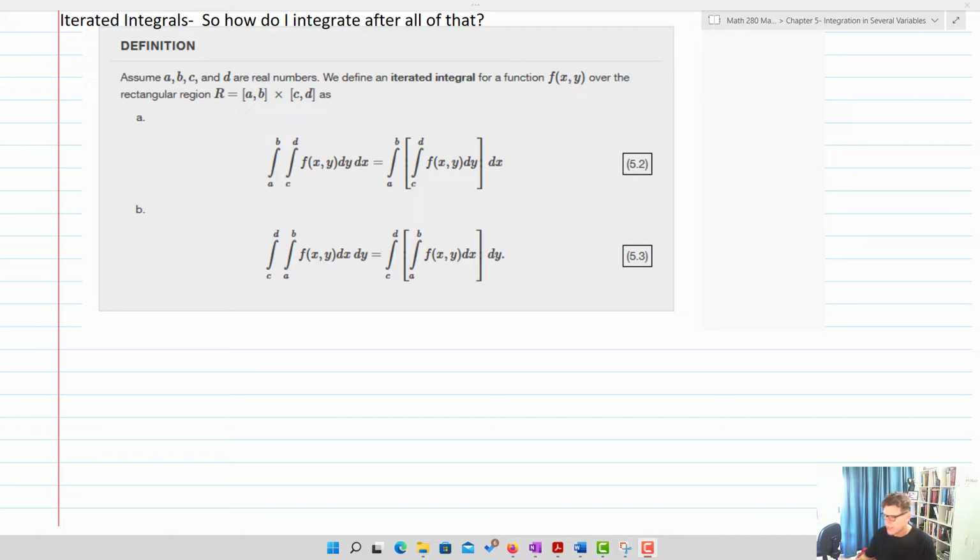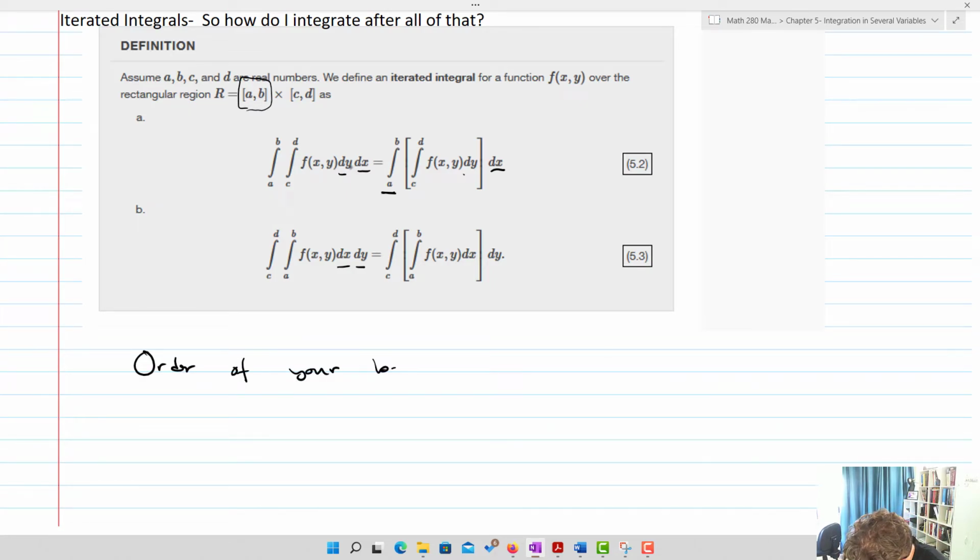What you'll notice is that we can either do it in the form dy dx, or in the form dx dy. And you'll notice that a to b is our region for the x's, so the x is on the outside, and a to b is also on the outside. So the order of your integral is going to matter.